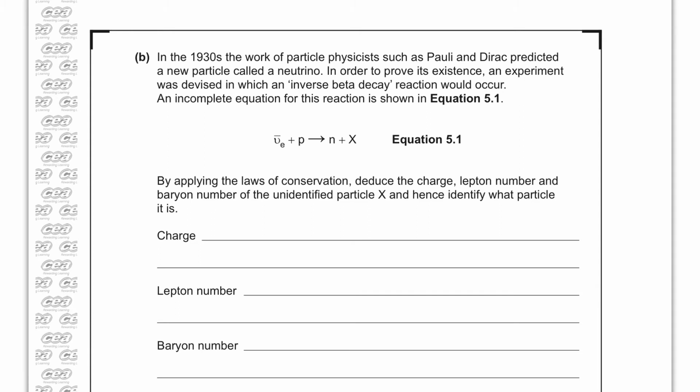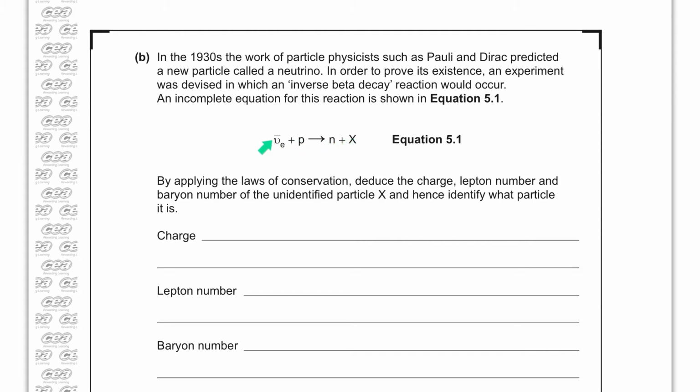By applying the laws of conservation, deduce the charge, lepton number, and baryon number of the unidentified particle X, and hence identify what particle it is. Right, so we have to conserve charge here. So we need to look at what they have described for us. So we've got an electron antineutrino, a proton, a neutron, and X.